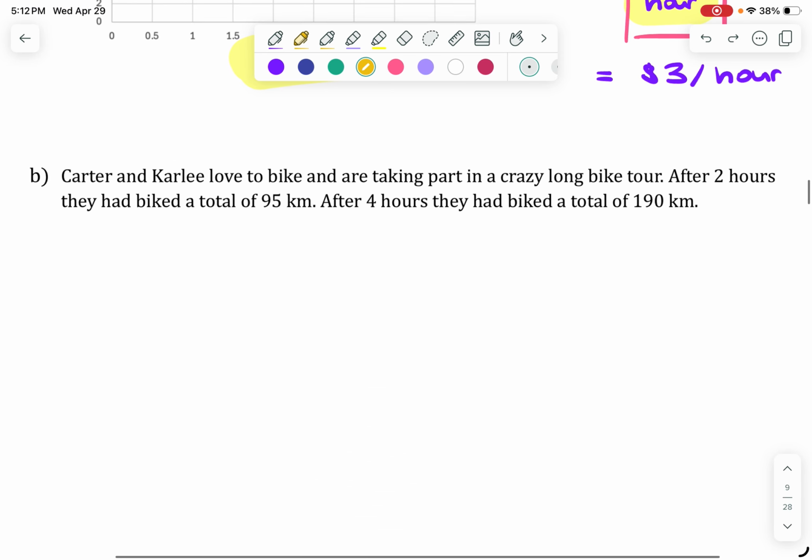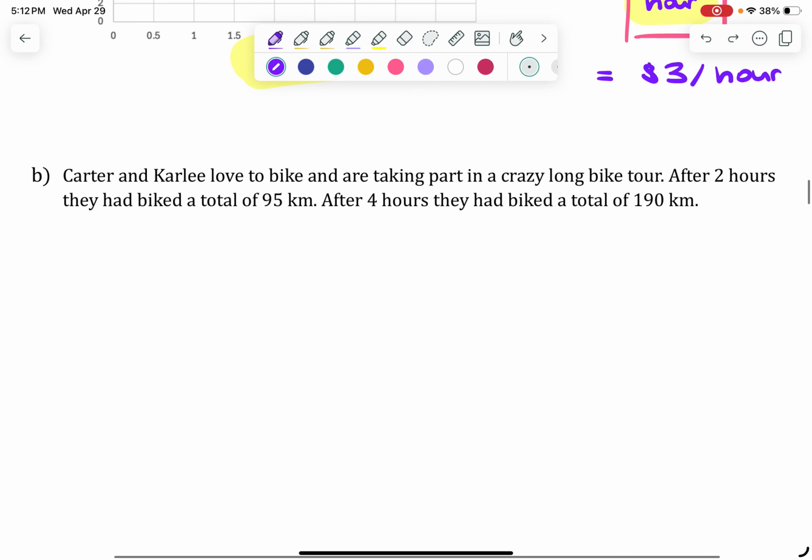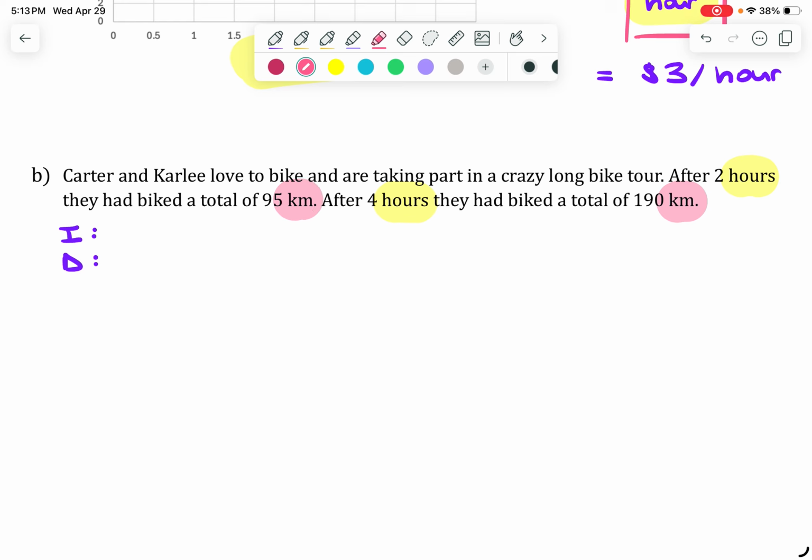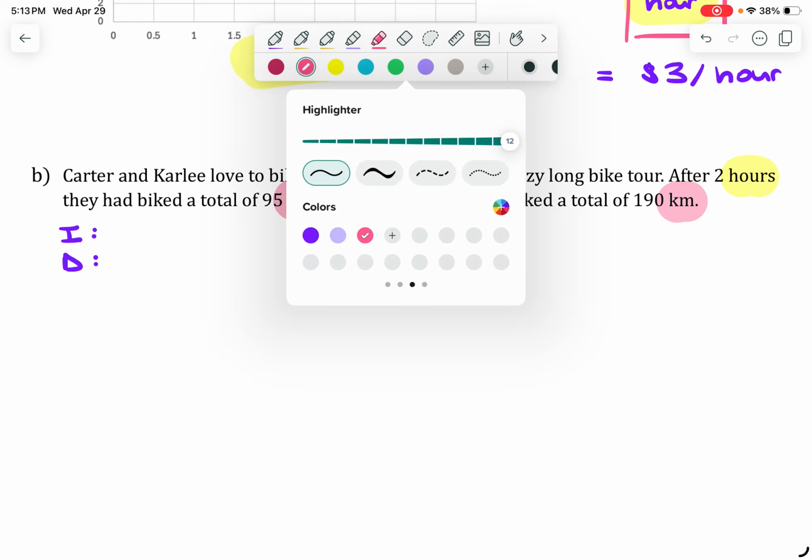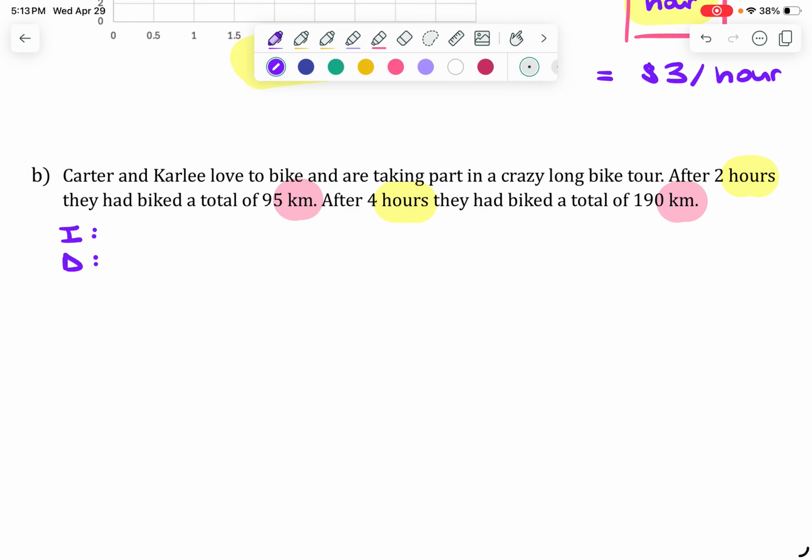So I do want to just quickly identify what my variables are. One of my variables will be independent, the other variable will be dependent. And if I'm taking a look at the units, so I've got hours and kilometers, it should tell you what those variables are going to be. One's measured in hours, which has got to be time.